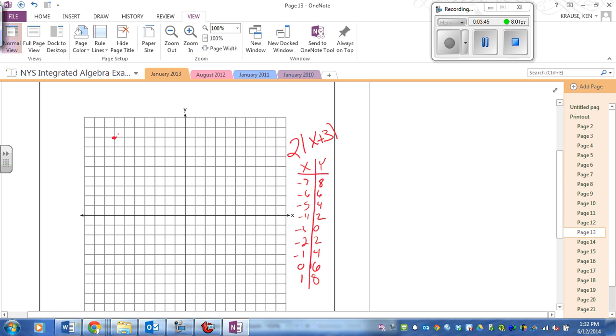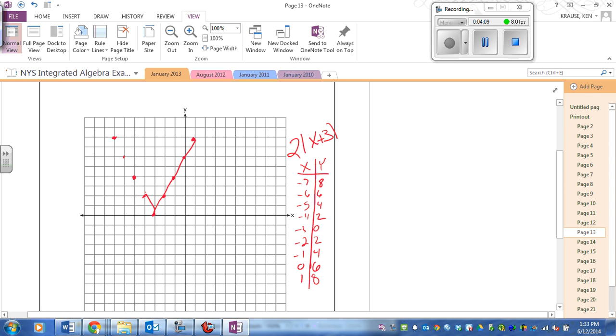Negative 6, 6. Negative 5, 4. Negative 4, 2. Negative 3, 0. Negative 2, 2. And 1, 8.